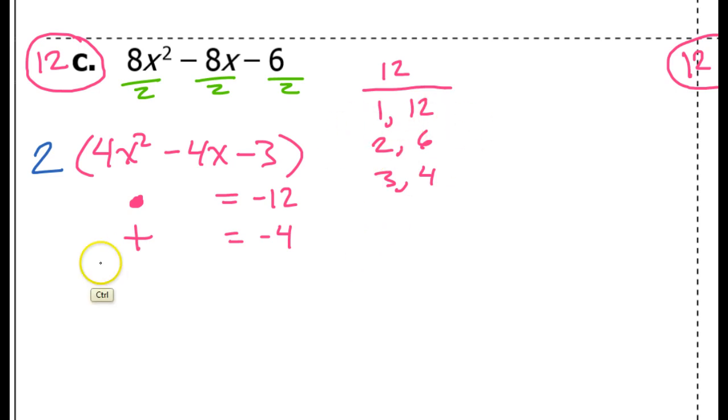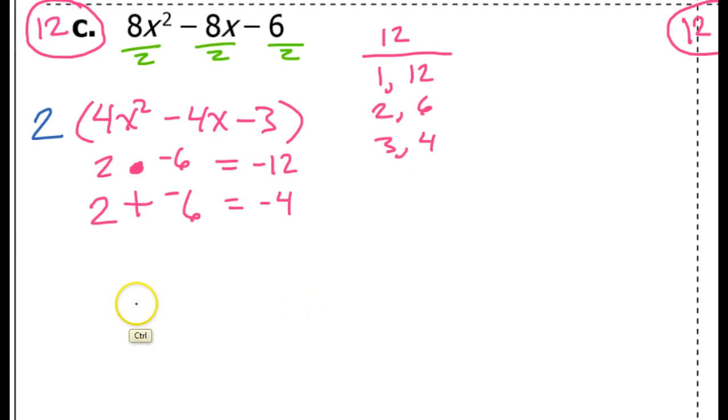Well, that's the 2 and the 6. These can make negative 4 if I have positive 2 and negative 6. So positive 2 times negative 6 does make negative 12. So this is working for us, and we can go ahead and make the box now.